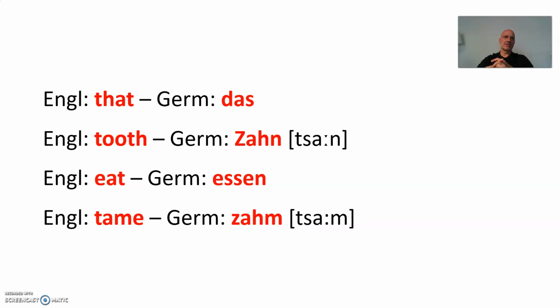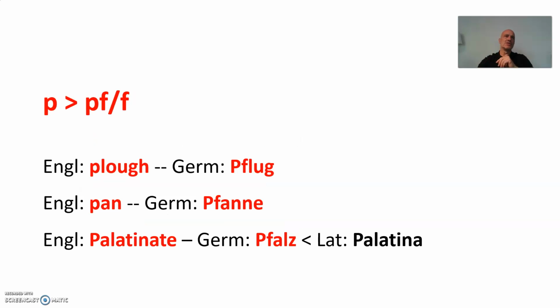Same word. Tame in English, zahm in German, and so on. Examples are ubiquitous, they are everywhere. The second one here is P turning into pf or f, into the affricate.